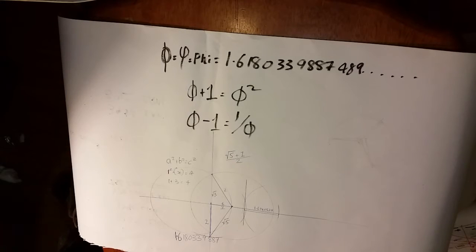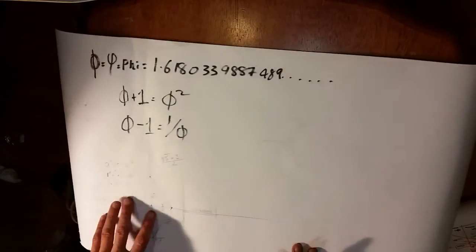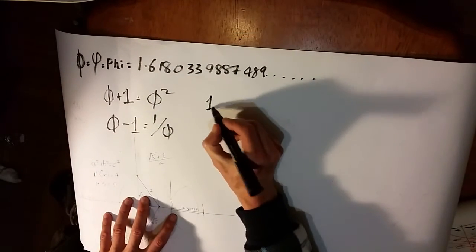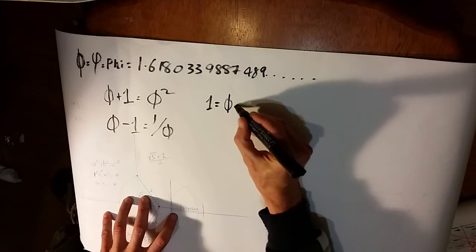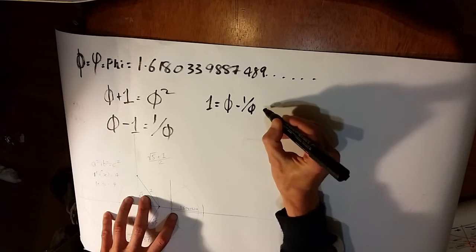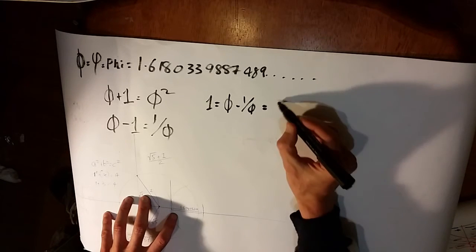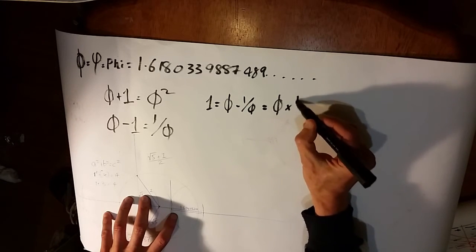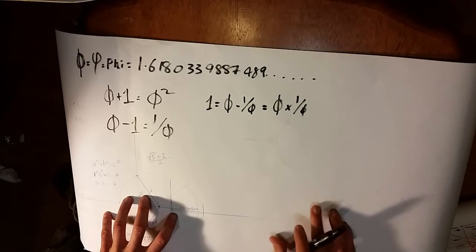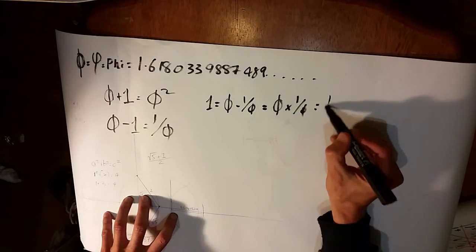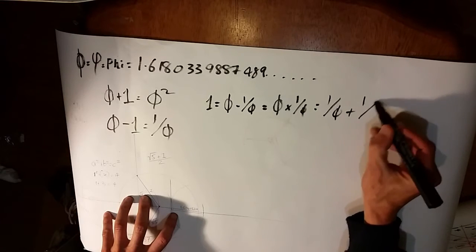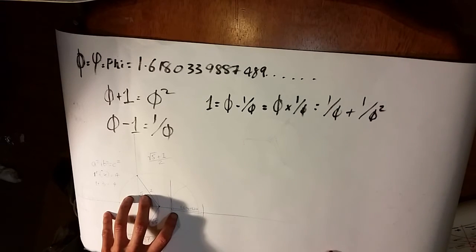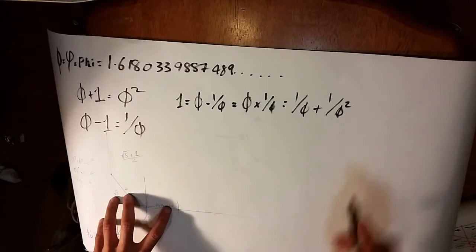You might even say all numbers are built on phi. What do I mean by that? For instance, 1 equals phi minus 1 over phi. It also equals phi times 1 over phi, or 1 over phi plus 1 over phi squared, or phi squared minus phi.